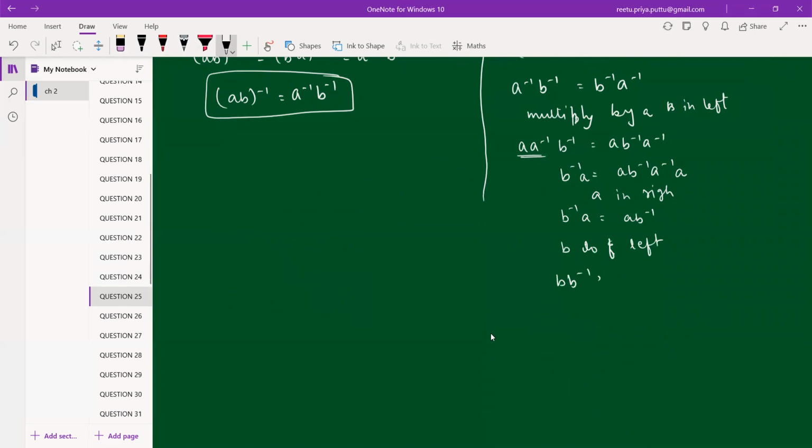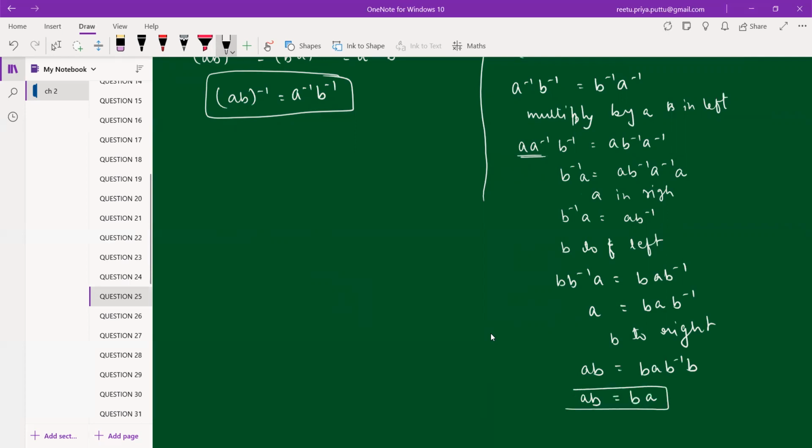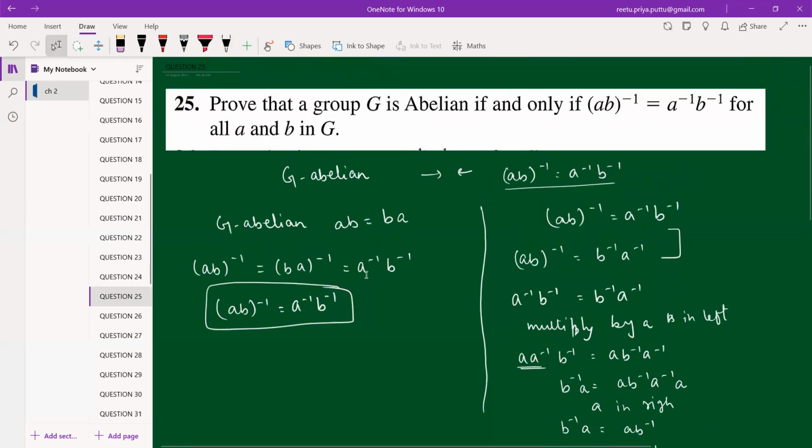So this will be B B inverse A is equal to B A B inverse, which gives A is equal to BA B inverse. Now multiply B on the right. So this will give you AB is equal to BA B inverse B. So ultimately AB is equal to BA. Hence the group is abelian. So we proved what we required.